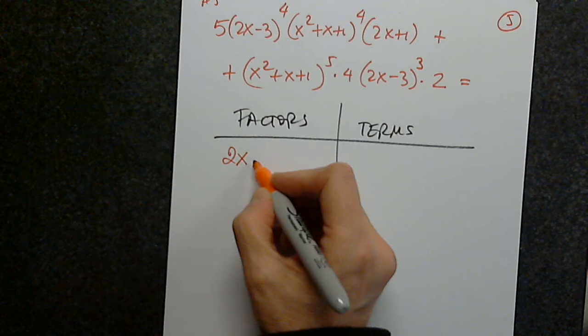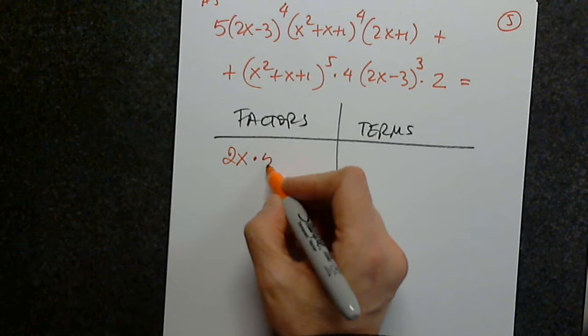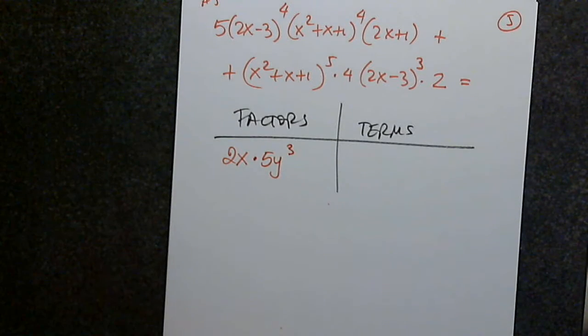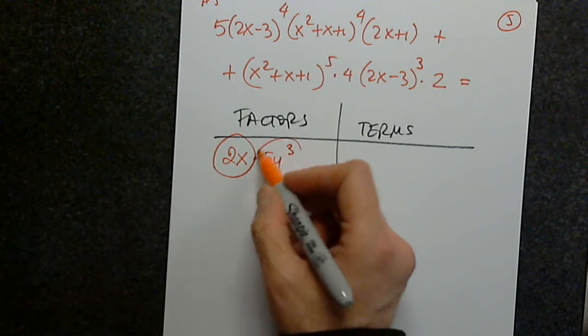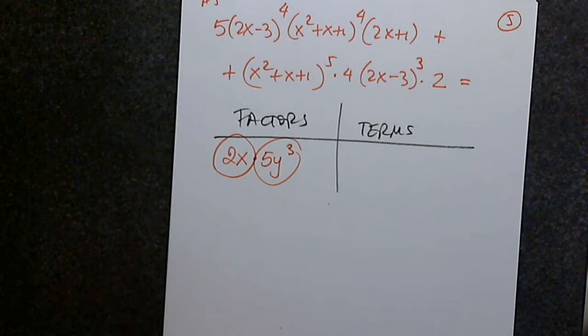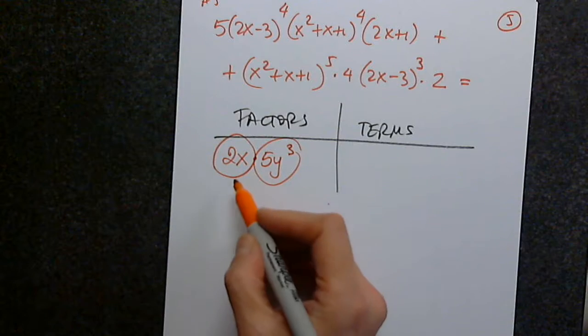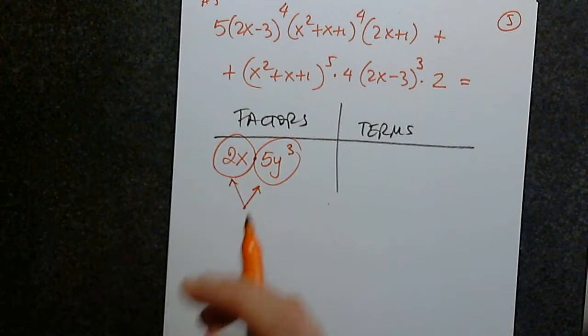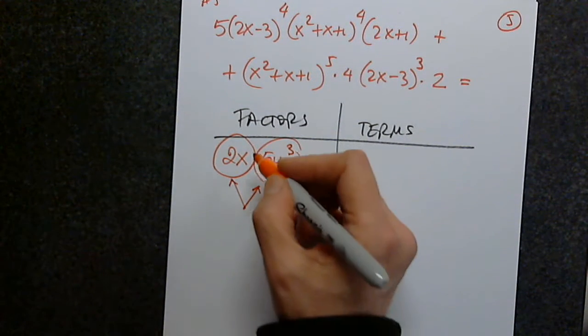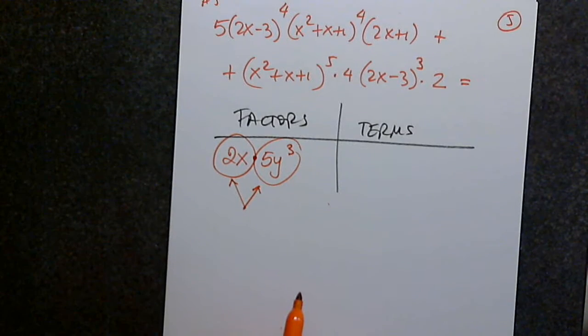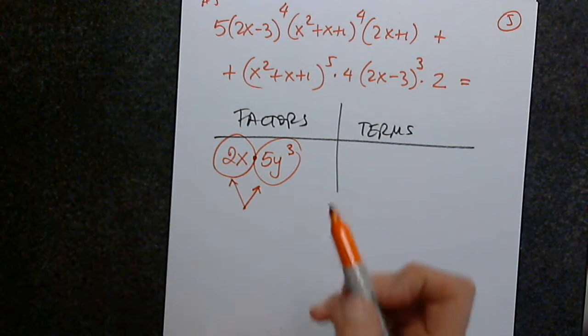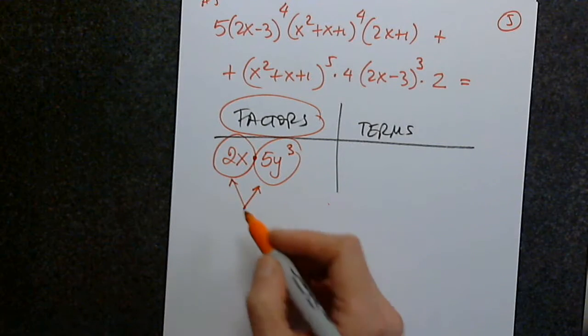Ready? So let's say 2x multiplied by 5y cubed. What will you say about this and this? Of course, I can also say 2 and x and 5 and y cubed. But what are these two quantities? Since they are multiplied, they are called factors.